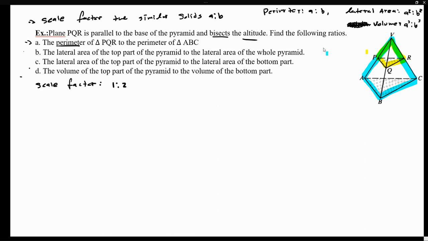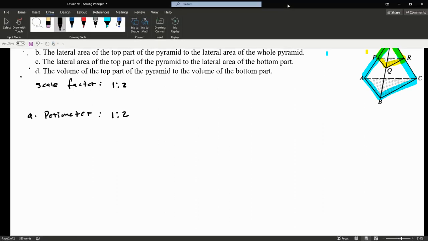If the scale factor is 1 to 2, and the scaling principle tells me the perimeter is still 1 to 2, still A to B, then we can make the claim that the perimeter still has a proportion of 1 to 2, because that's what the scaling principle is telling us. So that takes care of A.